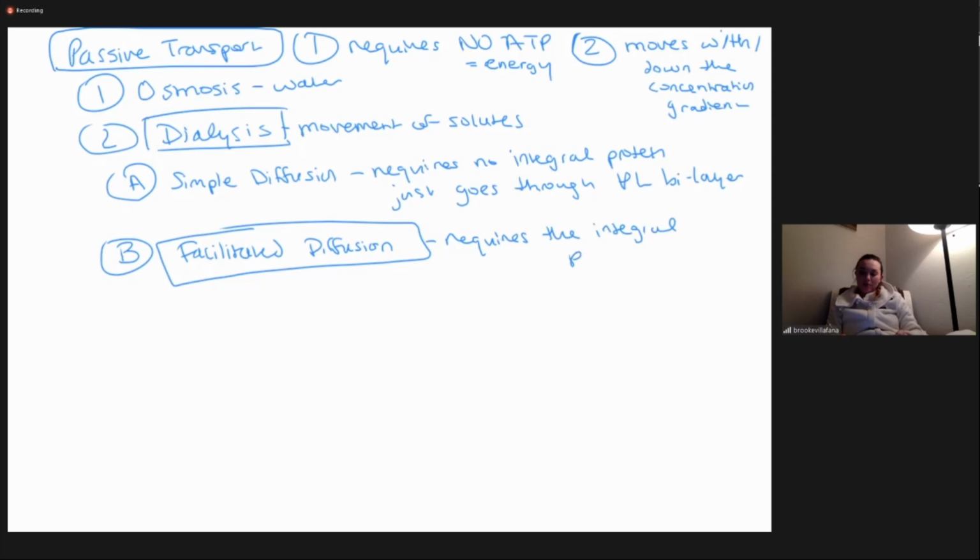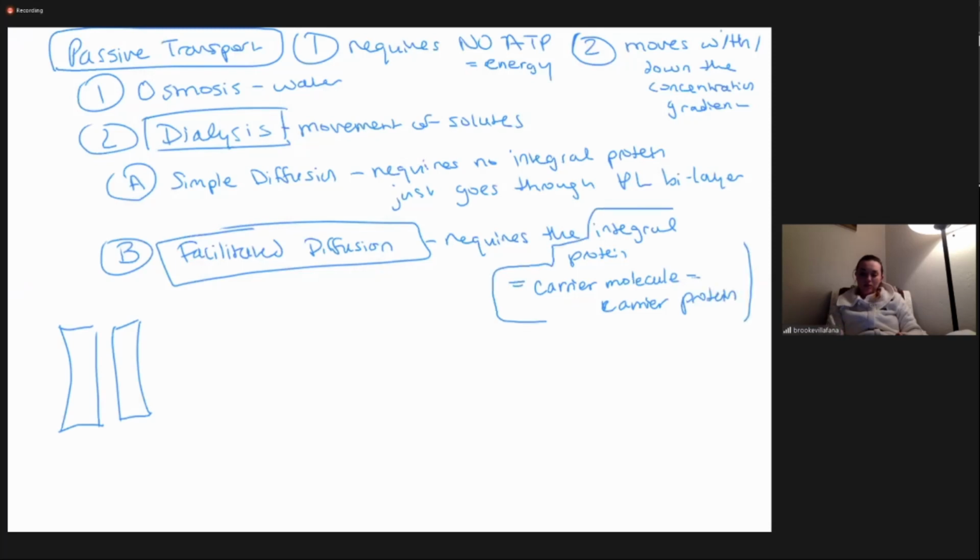So right away, you're probably thinking, if it requires that integral protein, it's probably too big to get through just the plasma membrane, right? So we also call this integral protein a carrier molecule or a carrier protein. This is what allows facilitated diffusion to happen.